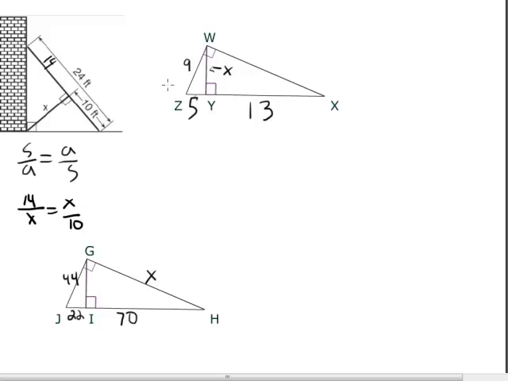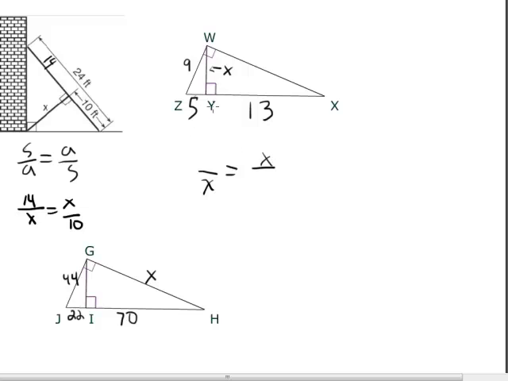Alright, here's another problem where we've got a little more information than we need, and we're trying to find x here. Hopefully you're starting to pick up that if we're trying to find the altitude, you've got to do side, altitude, altitude, side. So we can just fill in for the altitude. What's that? It's x.